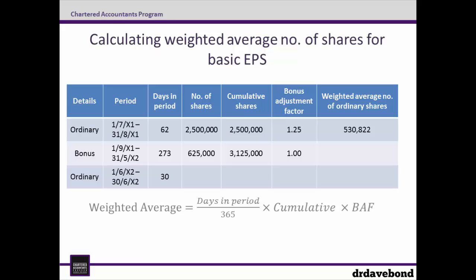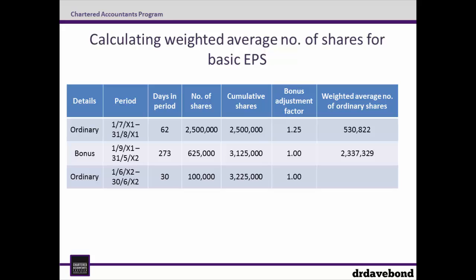In this case, 273 is divided by 365, multiplied by the cumulative share amount, so 3,125,000, and yields 2,337,329.